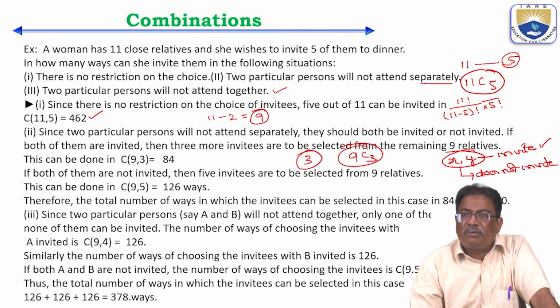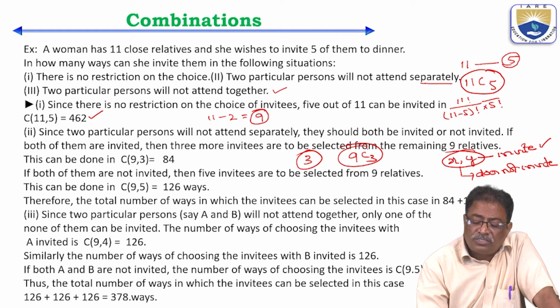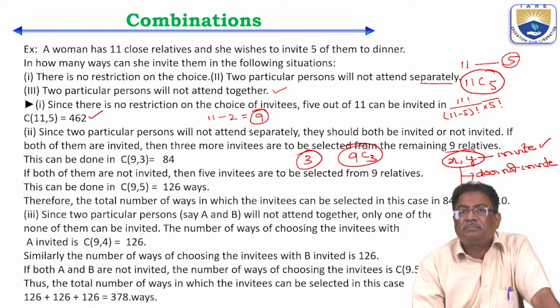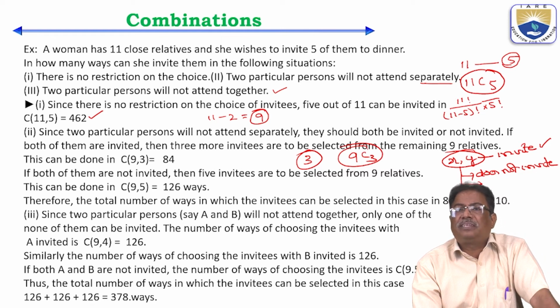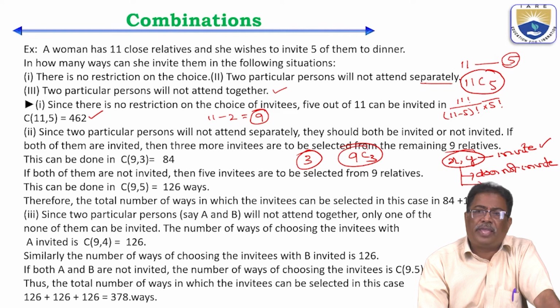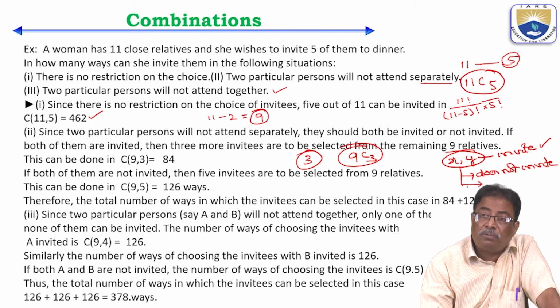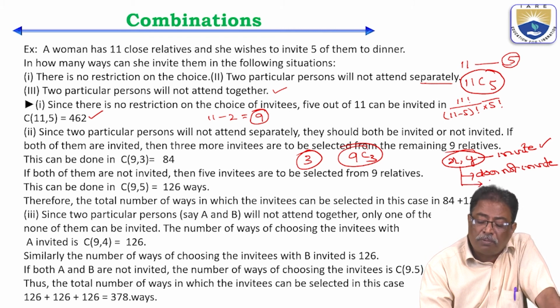Suppose she does not invite them, if you consider this particular case. She does not invite means we are not going to consider X and Y. She is not going to call them. So how many remain? 9 members are there. So from the 9 members, she has to invite 5 members.